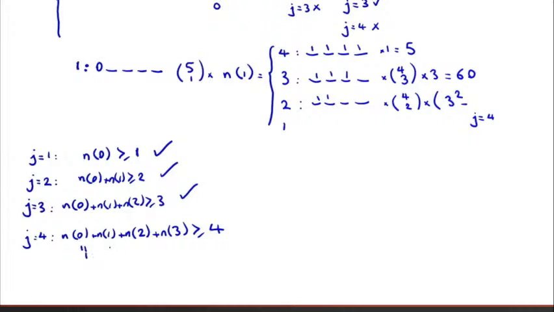It means what? We know n1 is 2, so n0 should be 0. So we can only have 4, so the other places should be filled by 4. That's 1 case. 9 minus 1 is 8. 8 times 6, 48. 5 times 48, which will be 240.